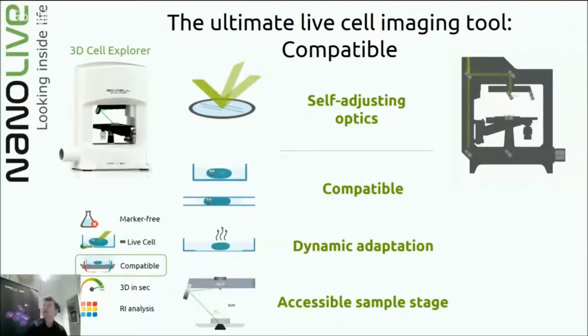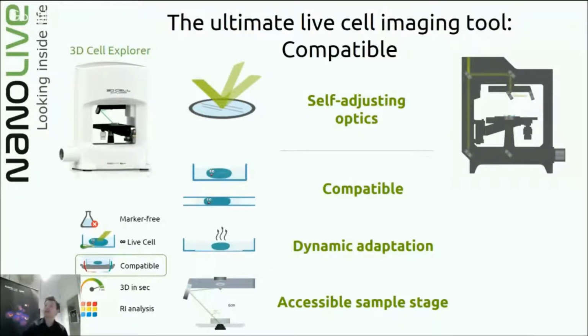This means you can use several different supports like plates or glass slides, and if you have any evaporation during your experiment, the microscope will compensate for it and allow you to carry on until the end of the experiment with no problem whatsoever.